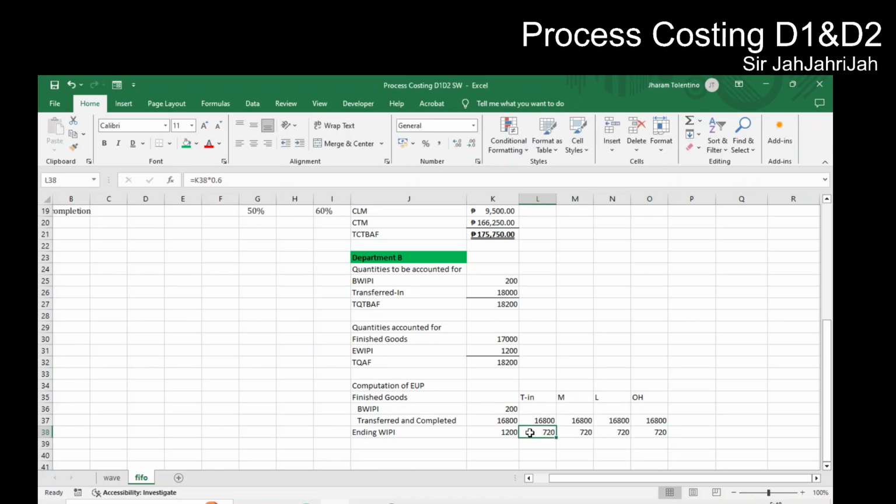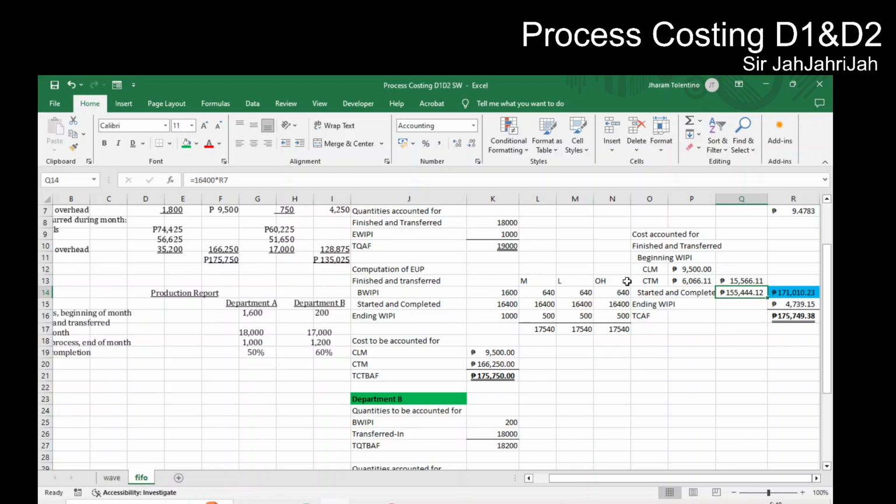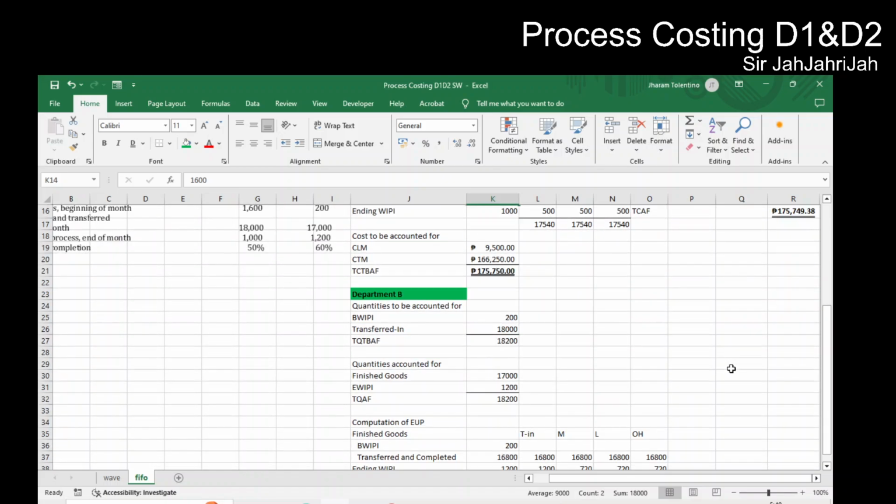Okay, but of course, the transferred in should be 100%. Why? We need to account for the current. So the current transferred in is costing 171,010. The total is 18,000 units.